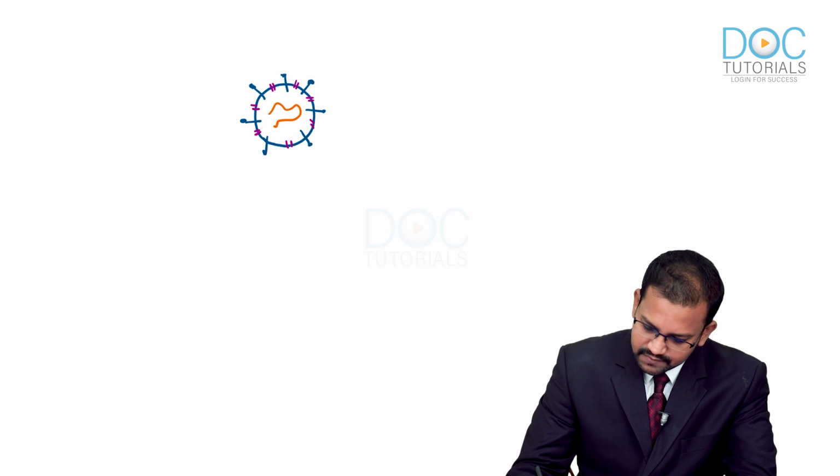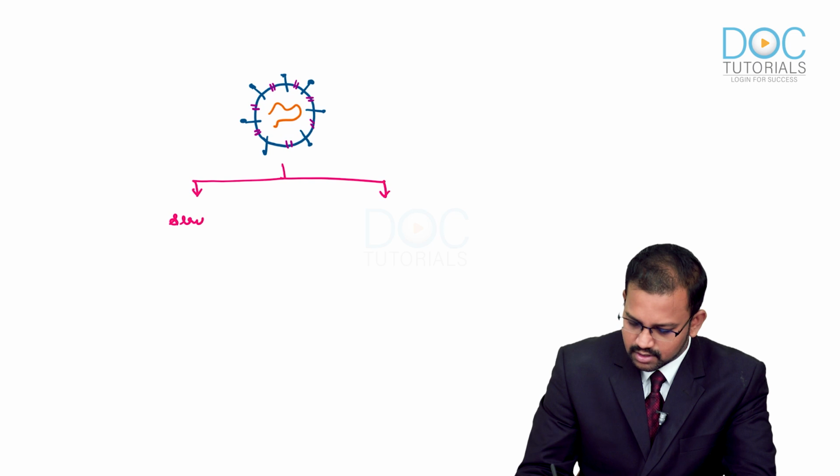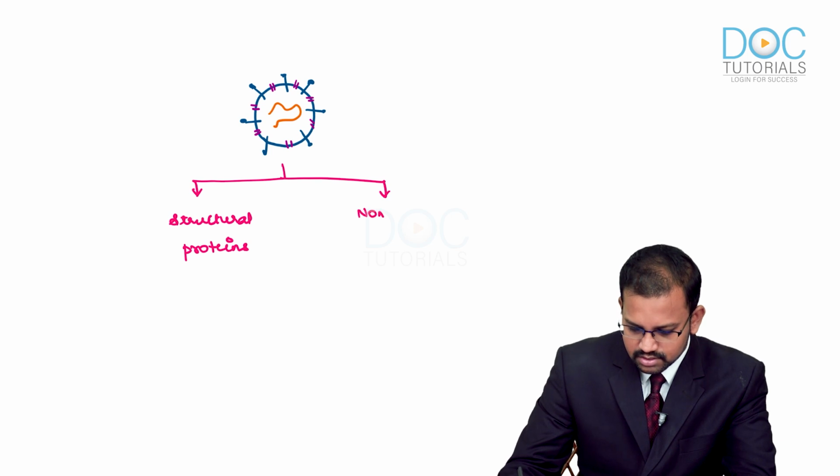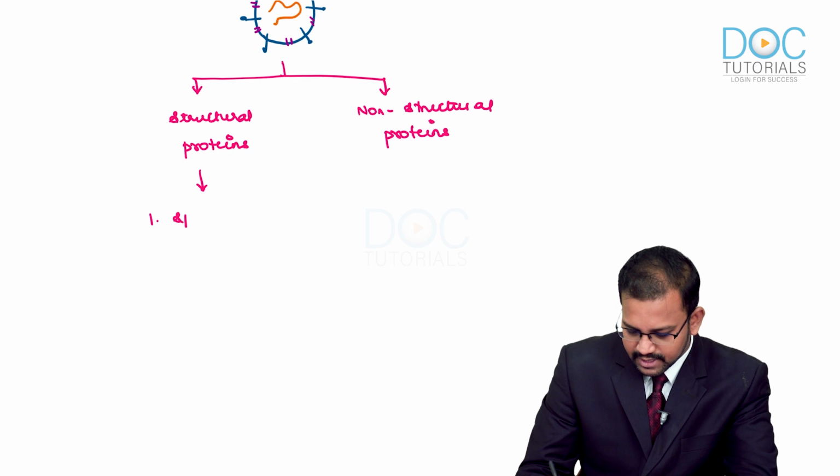These drugs can be classified into two major areas: drugs which inhibit the structural proteins and drugs which inhibit the non-structural proteins. Structural proteins include only one major target, that is the spike protein.